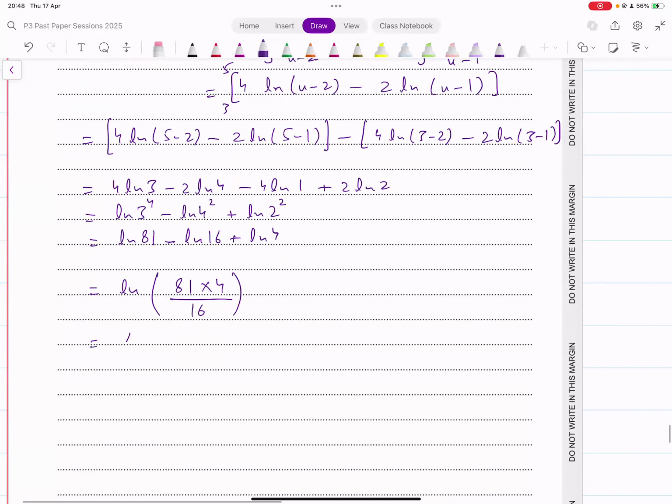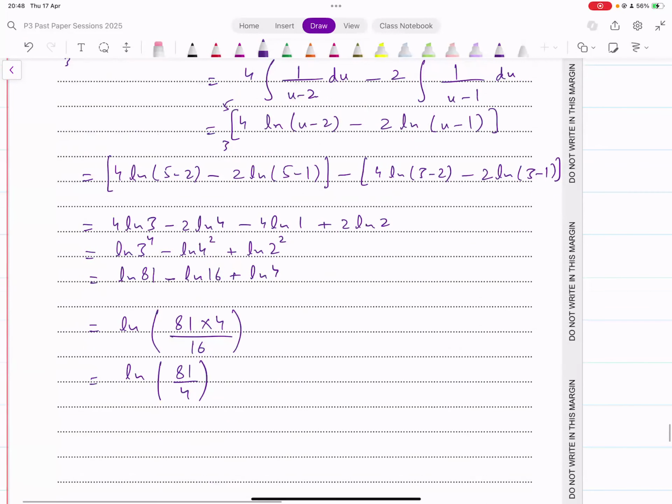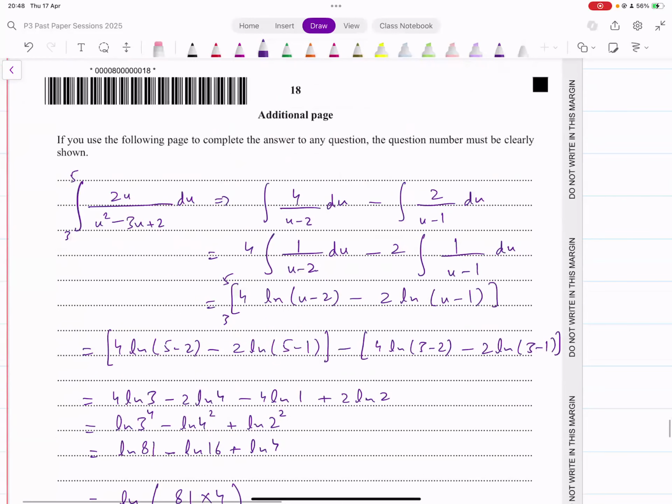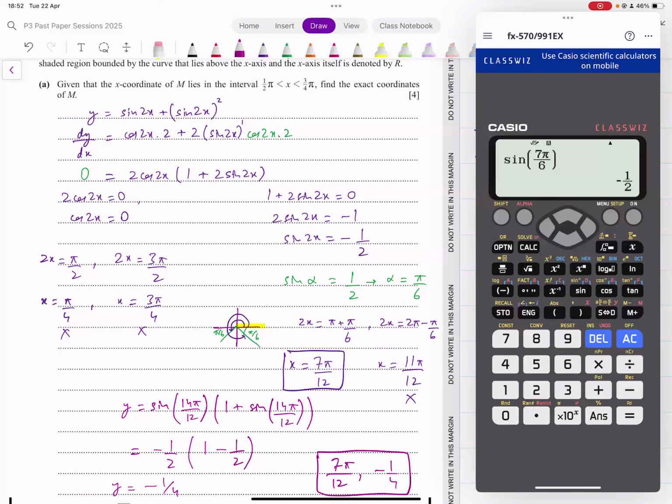And that's what you wanted. That's our final result. They wanted a rational number in its simplest form. 81 over 4, it cannot be simplified further, and that's our final answer. That's what you have to write there. Okay, is that all right? That's the first part. Let's move on to the next one.